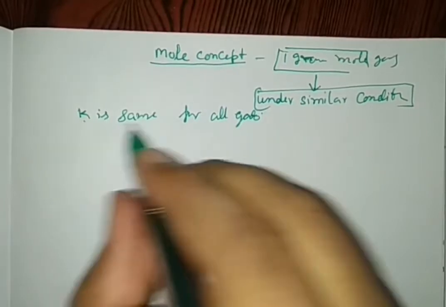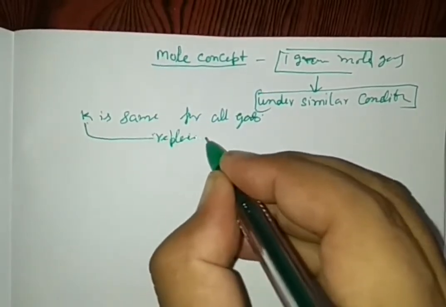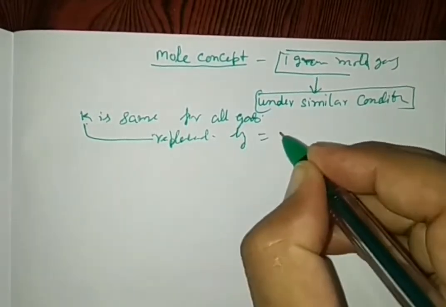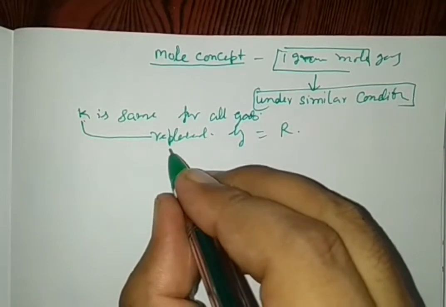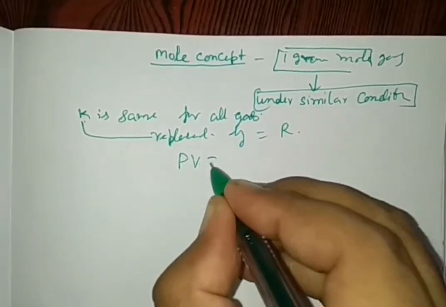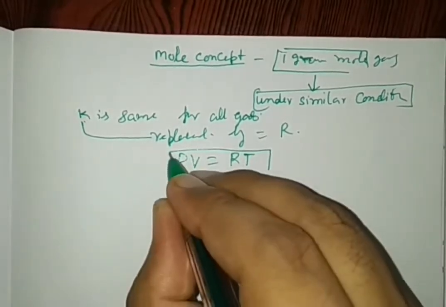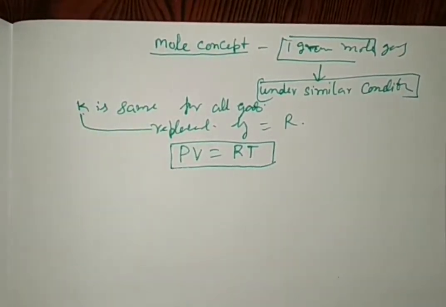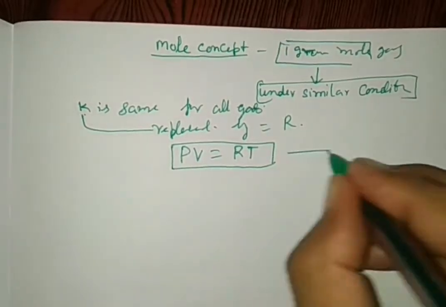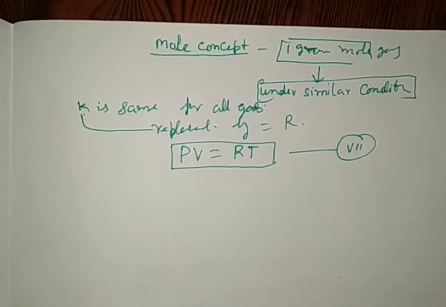Right? So in that condition K is replaced by capital R. So the combined gas law PV is equal to KT can be written as PV is equal to RT, and we can represent it by equation number 7. See very carefully the concept of converting K to R.